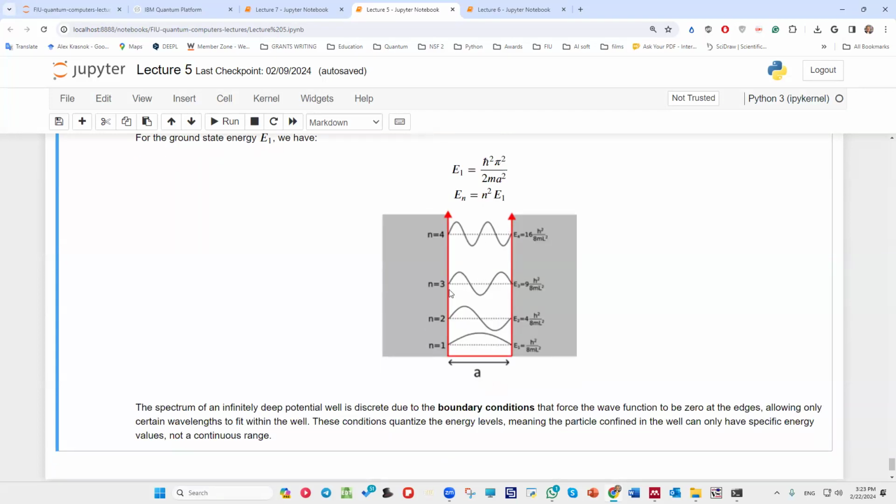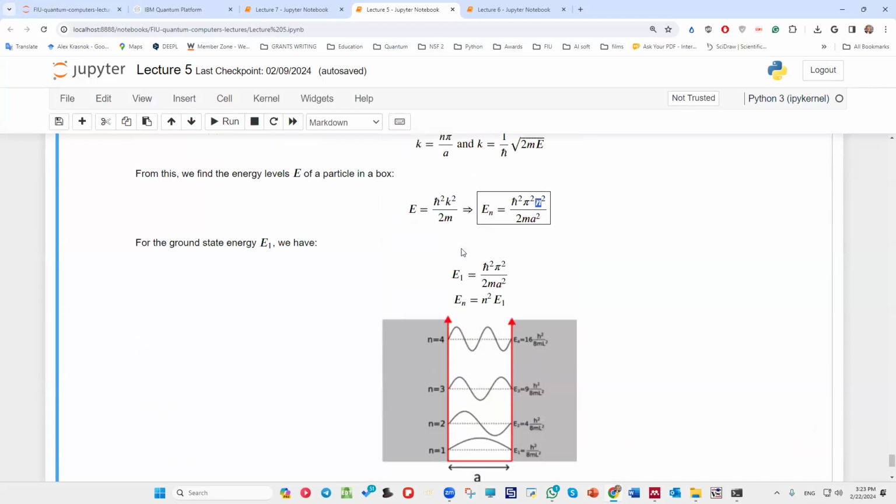And of course, the solution for the wave equation, for the quantum state of the particle, is given by these sinusoidal functions.